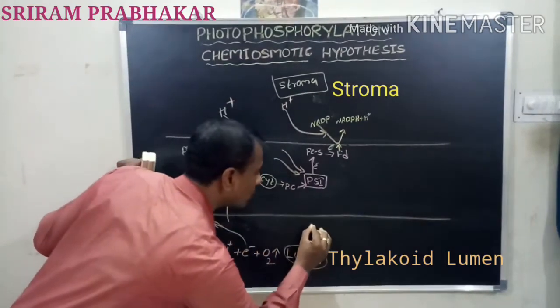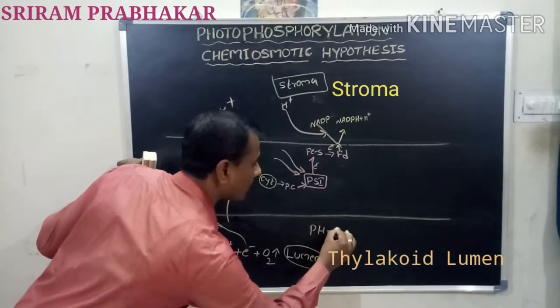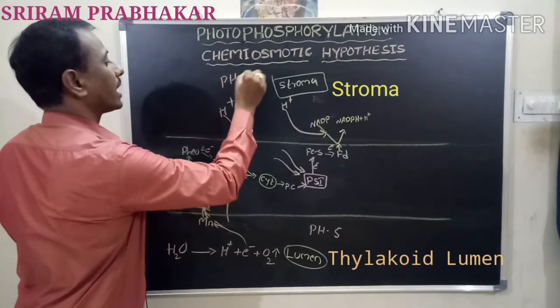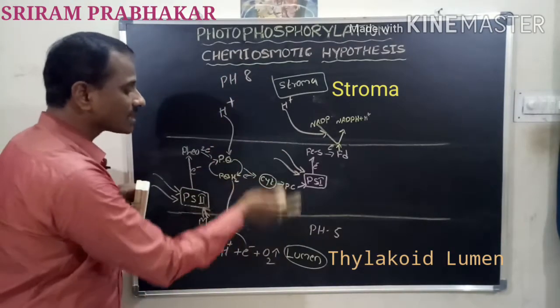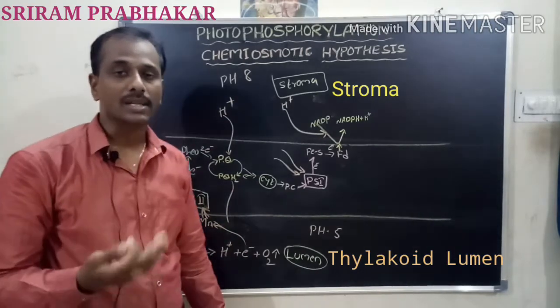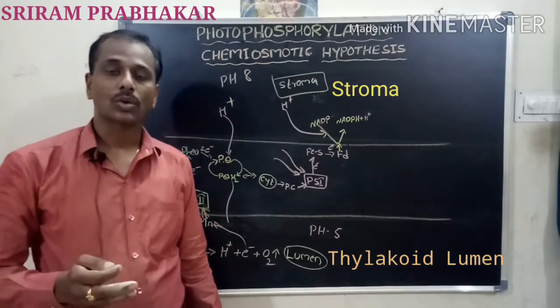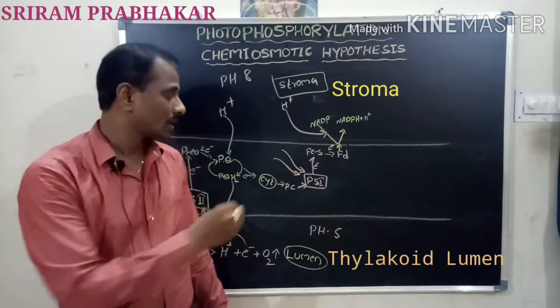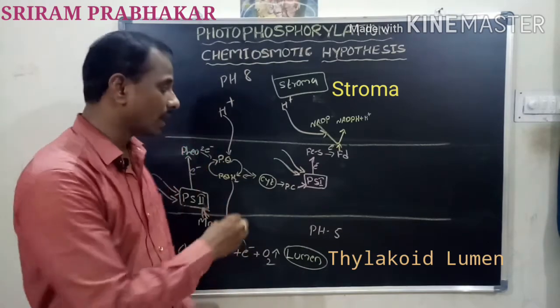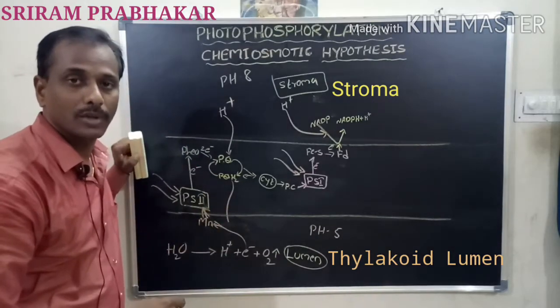The pH of the lumen is 5. The pH of the stroma is 8. Due to the difference of pH, there is an increase of a powerful electrogradient in the chloroplast.